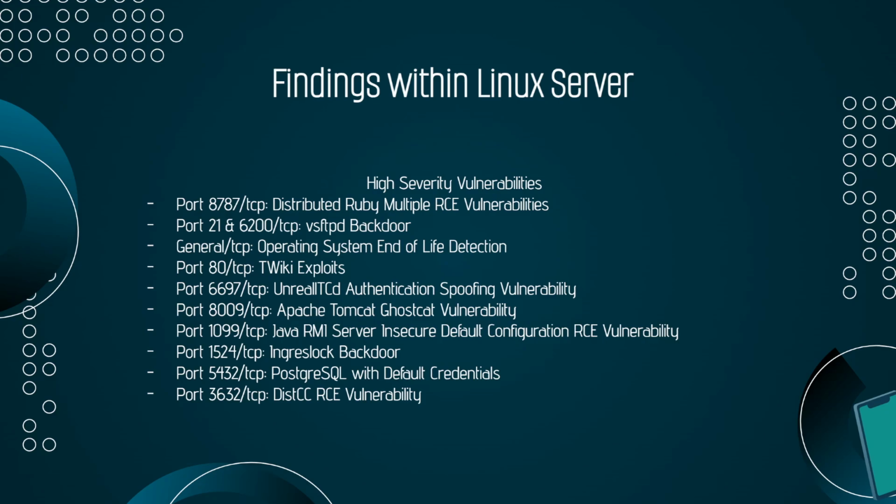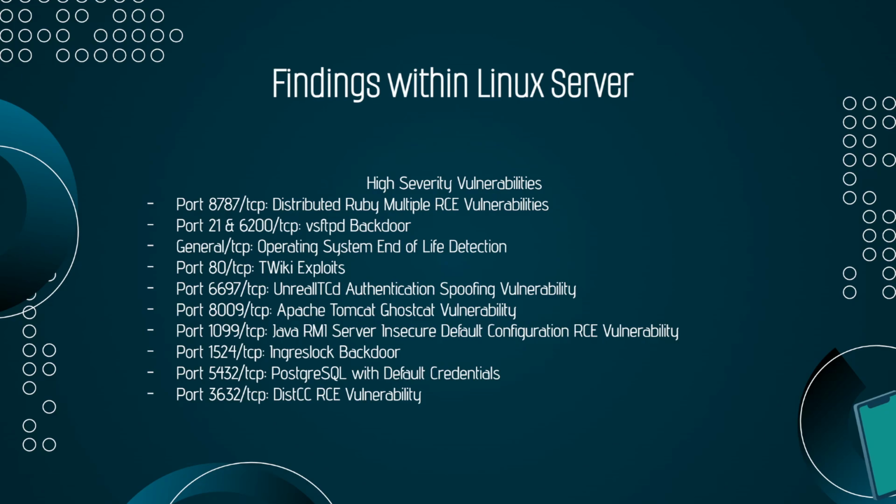Then we have port 6200 TCP. This is the VSFTPD backdoor. There are multiple backdoors, such as the port 21 and 6200, and there's also the ingreslock backdoor on 1524.